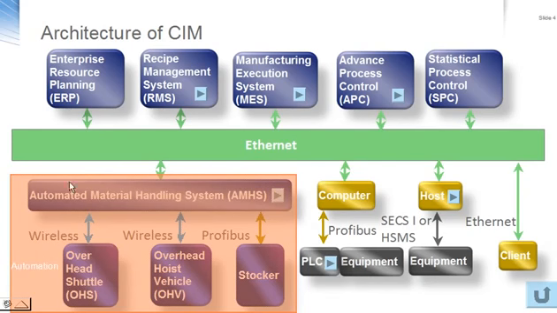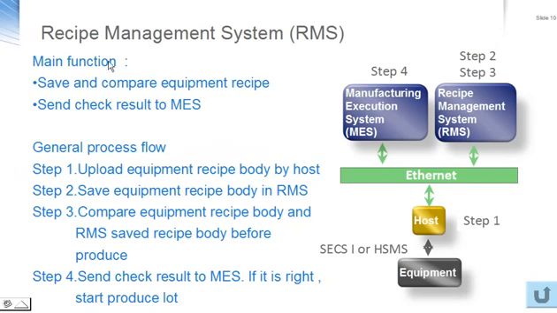Okay, this is the MHS, and we have introduced it. If you have already installed the MES, and then you maybe want your yield to become better, you need the recipe management system. The recipe management system's main function is to save and compare equipment recipes and send a check result to the MES.